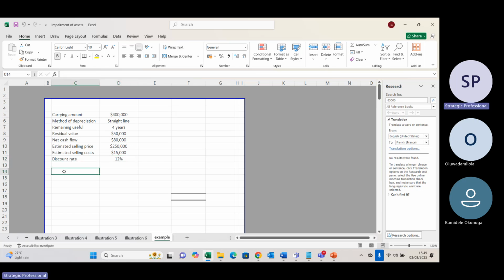Now, if you want to calculate in this scenario, you want to calculate the carrying amount as at 31 December 2024.